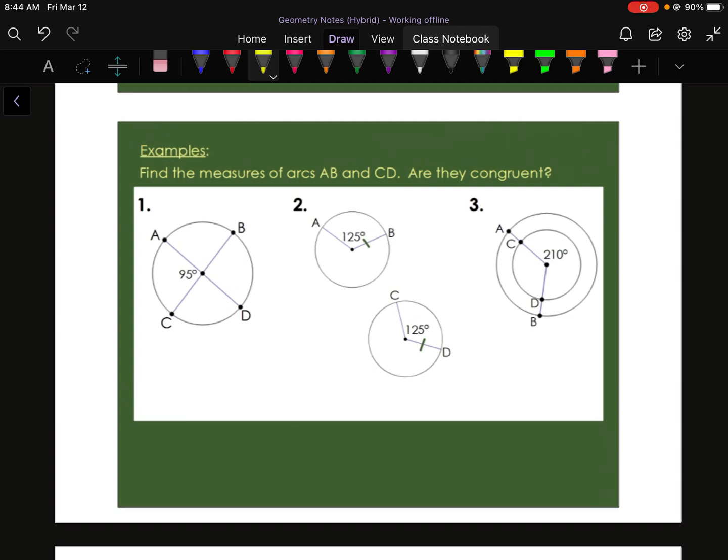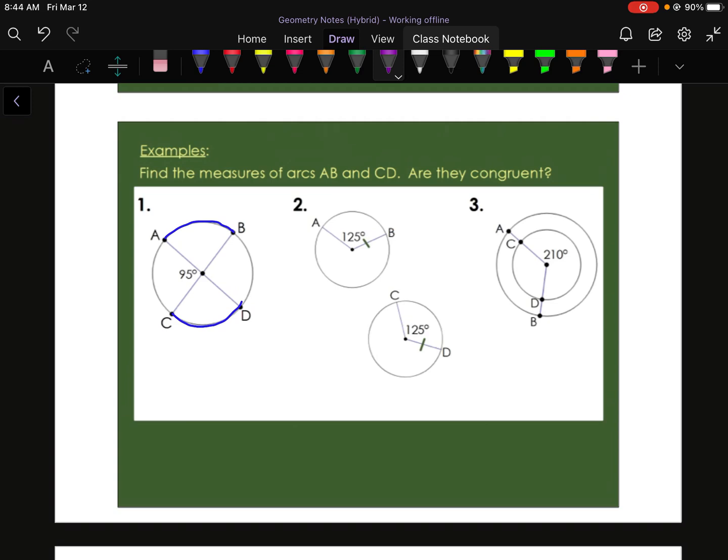So are these measures congruent? Yes or no? We only have one circle, and I want to know about arc AB and CD. Are they congruent? Well, first we have to find the measures of AB and CD. A couple of things here.